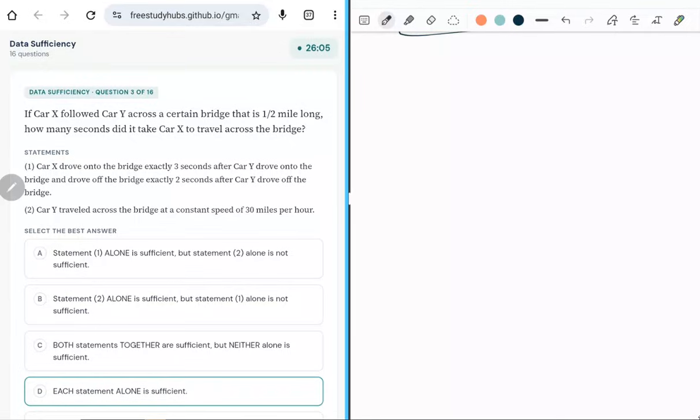Okay, so let's look at the statements. I'll start with 2: car Y traveled across the bridge at a constant speed. We need to know what we are trying to find. We're trying to find time.